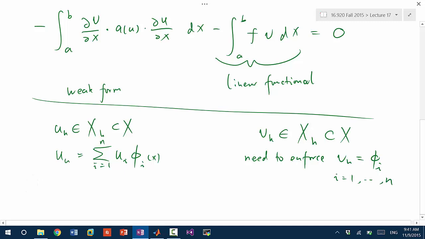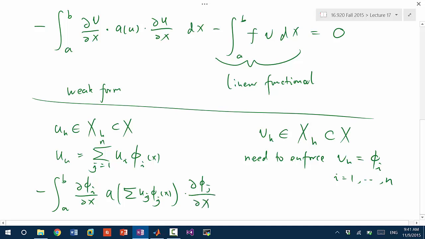And once we plug both in, we get the integration, and v is going to be replaced by V_i. We still have a here, but a is applied to u_h, which is going to be a summation of that. And then we have partial phi, let me replace this with j, okay, so that I don't have a conflict. So this is phi_j partial x, and we also have a summation which can be pulled out over another j.